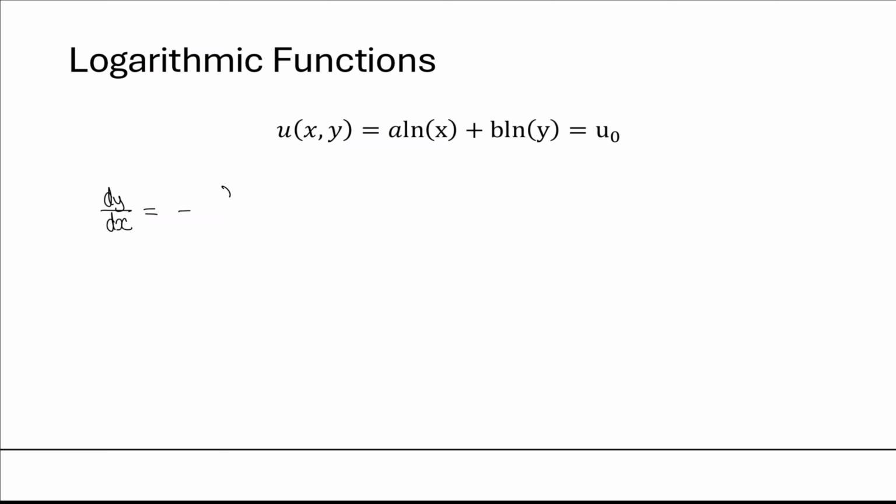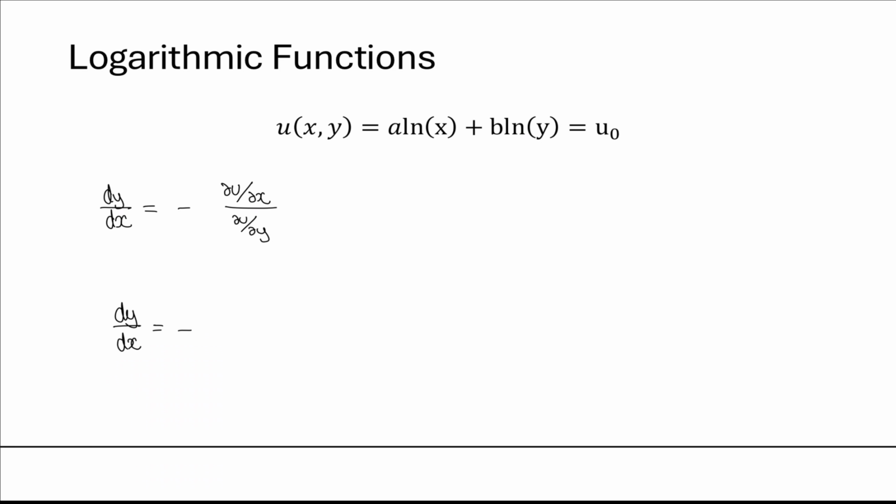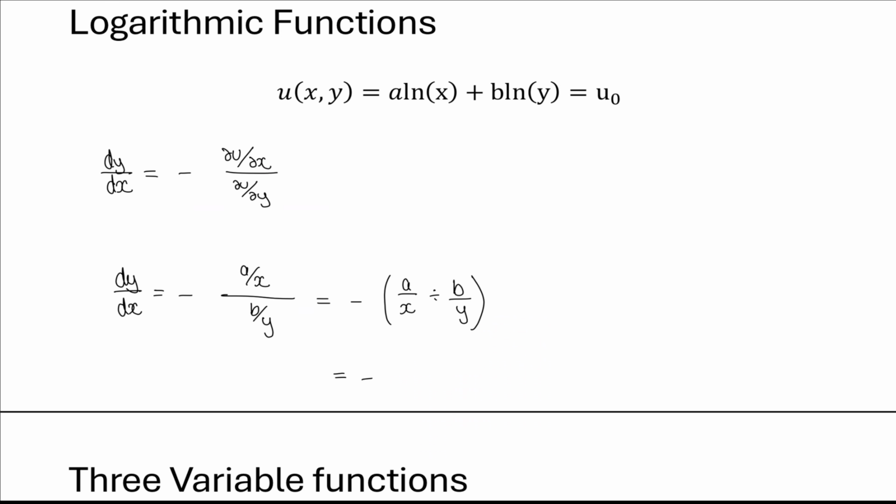So we have to do the utility function differentiated partially with respect to x, and then divided by the utility function partially differentiated with respect to y. And so we get a over x divided by b over y.